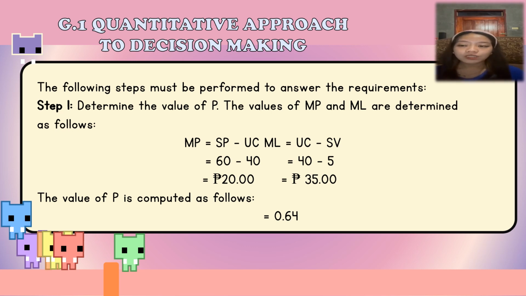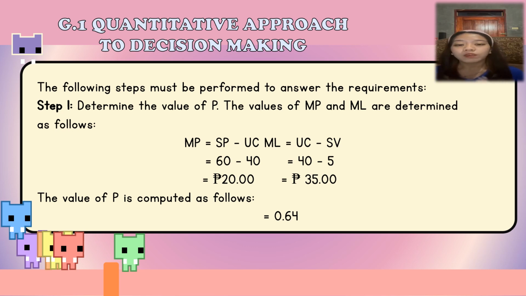So, para makuha natin yung value of P is, kailangan natin i-compute yung mga nakuha natin kanina. So, P is equal to ML over MP plus ML. So, ang nakuha natin kaninang ML is 35, and yung sa MP naman is 20. So, 35 over 20 plus 35.